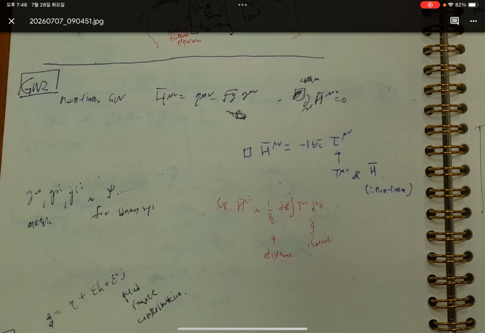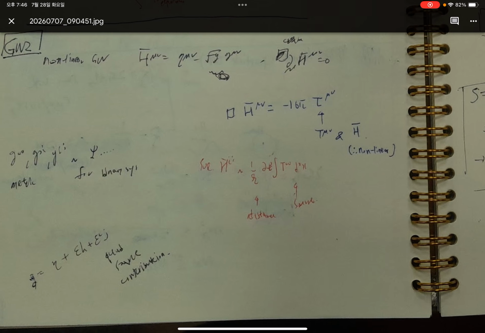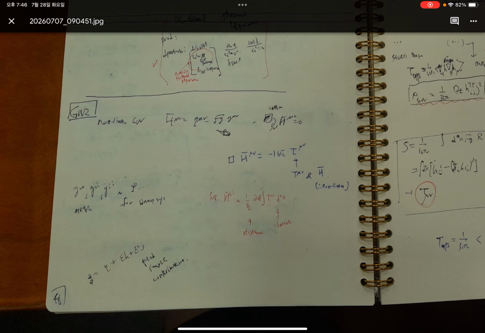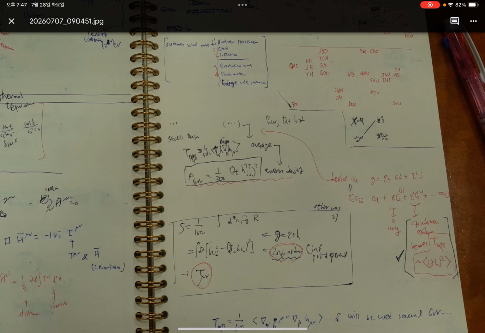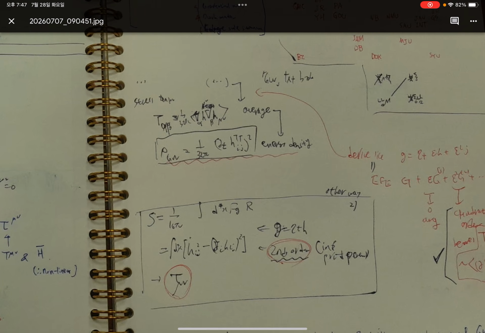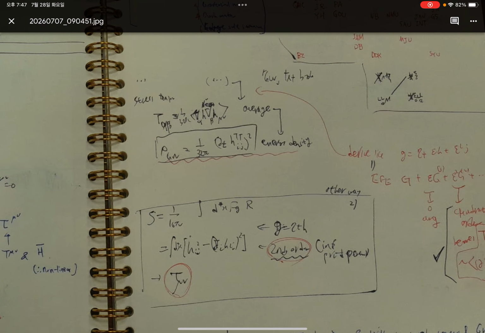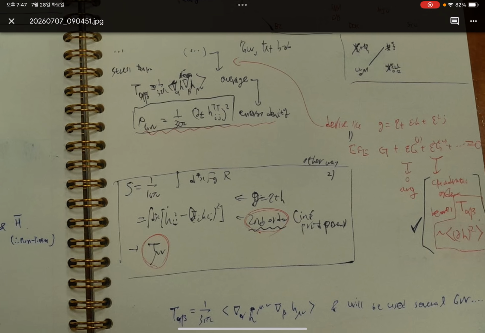Also we can talk about the non-linear, second-order gravitational wave, because the quadratic source contributions become important. So here, for example, by averaging the stress-energy tensor, we can obtain the energy density of the gravitational waves. This is given by the time derivatives of the metric.